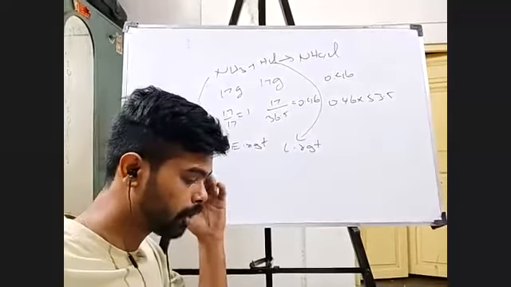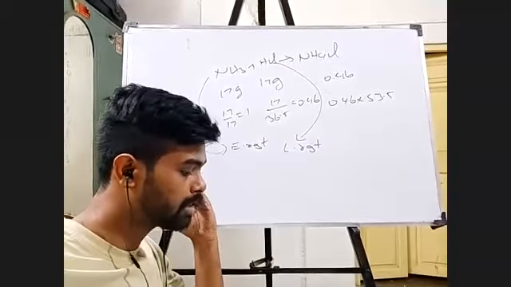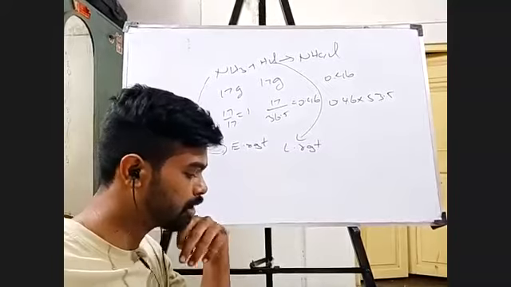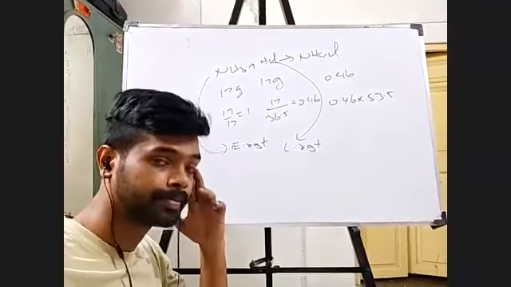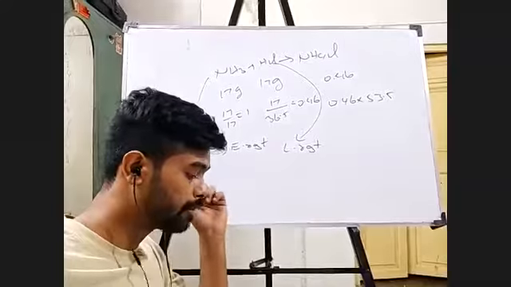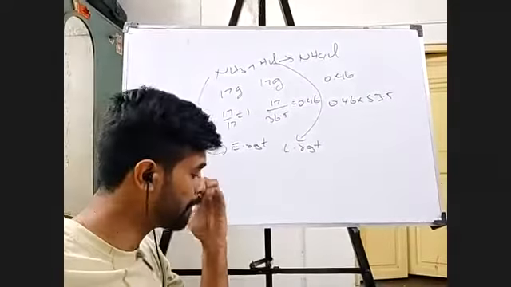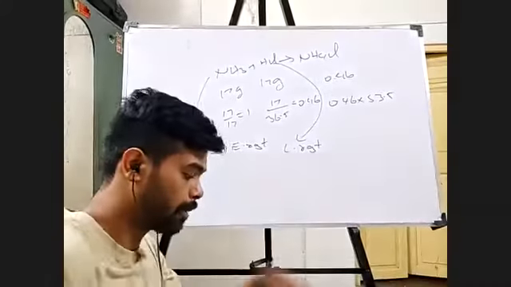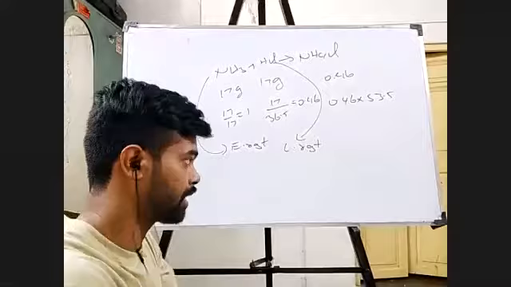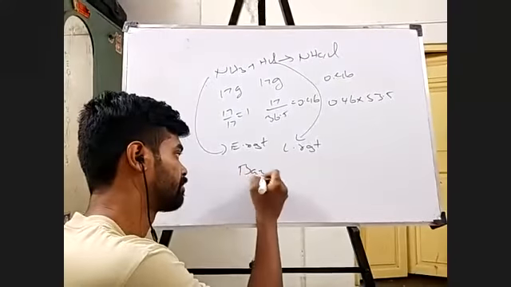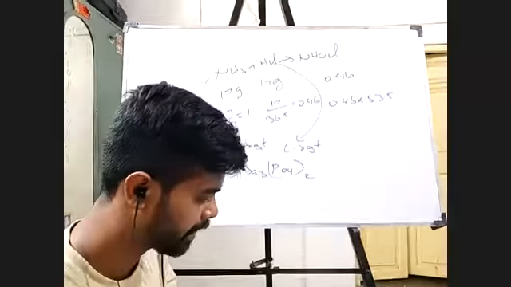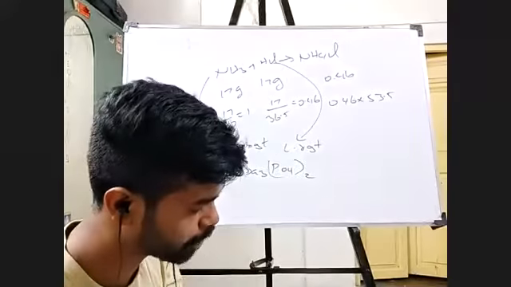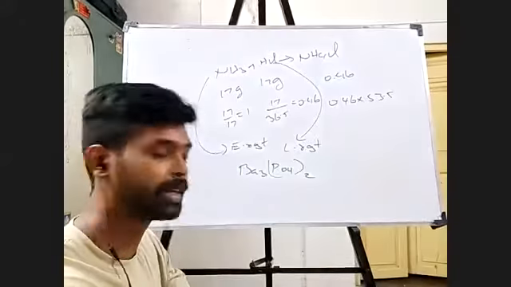They're asking you to find the number of moles of barium phosphate, Ba3(PO4)2, getting formed.